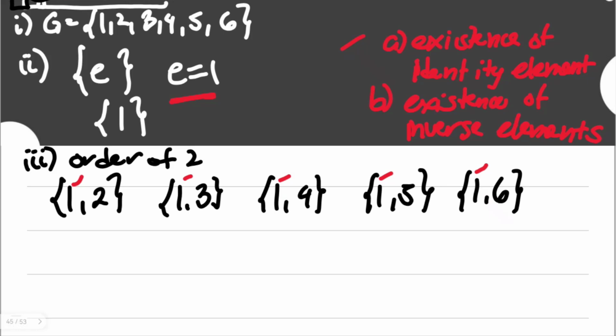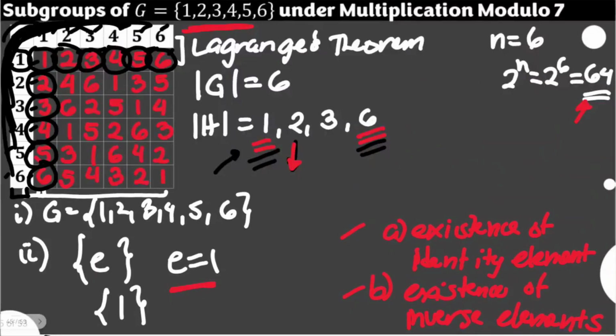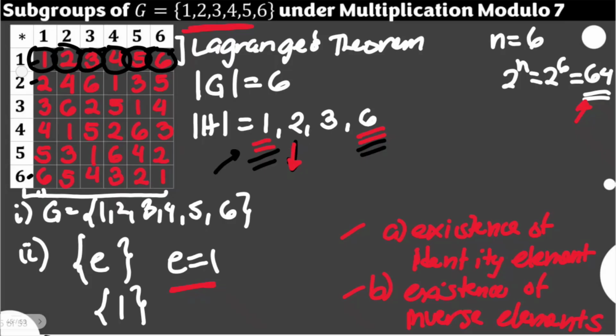So for this first pair, we need to examine whether the inverse of 1 is here and the inverse of 2 is also here, so that this second axiom is satisfied. In order for us to do that, let's go back to our Cayley table. On our table, we can check the inverses themselves, because we can look at the grids.